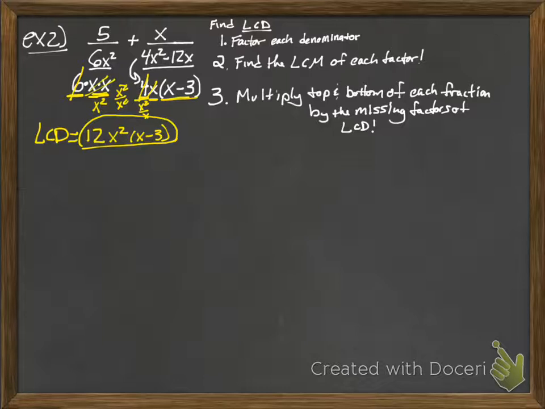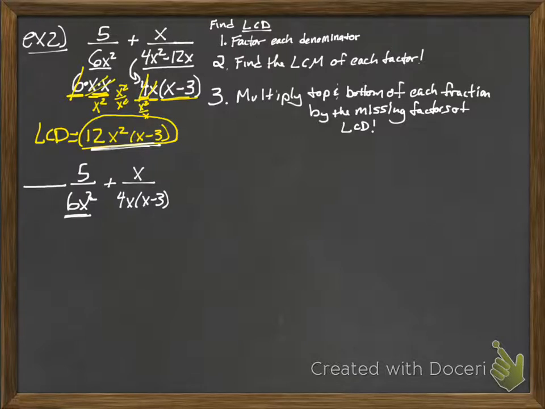So remember, we had 5 over 6x squared, and we were trying to add x over, let's write it in the factored form, a 4 and an x minus 3. For this step, I'm comparing the LCD to this denominator, and I want to make it look like the LCD.